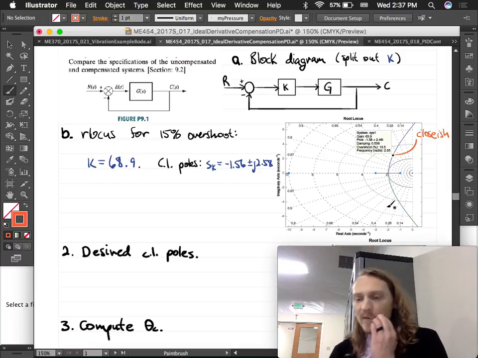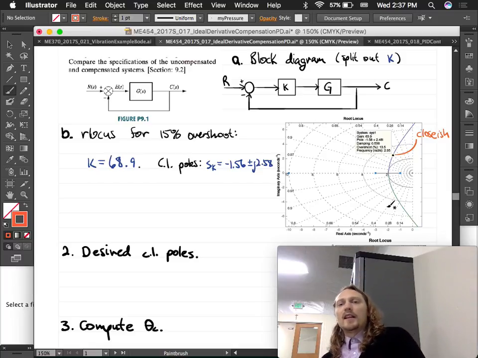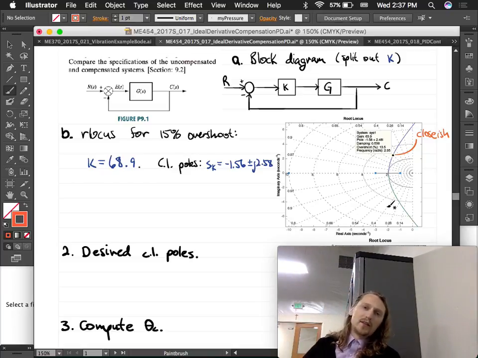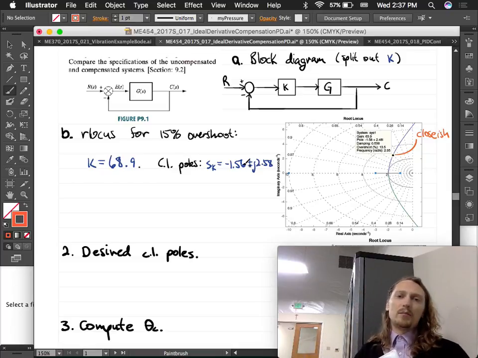Now, to compute the desired closed loop poles, what can we do? For this problem, how are those desired closed loop poles related to the closed loop poles that we get with just a proportional controller?